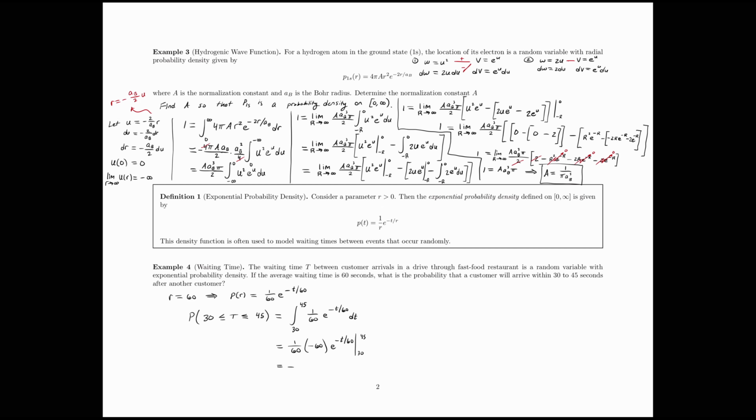So this is negative, and then we'll plug this in. e to the negative 45/60ths is 3/4. So this is e to the negative 1/2 minus e to the negative 3/4, which is about 0.13 probability.